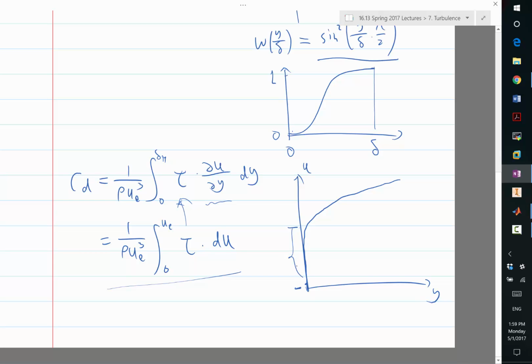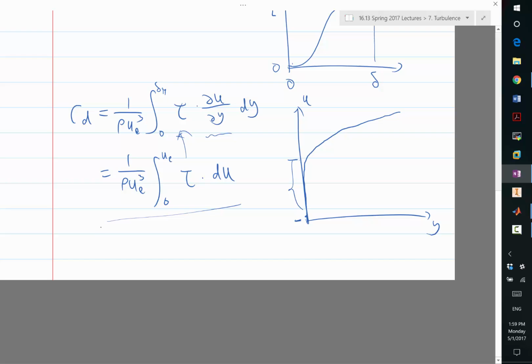It's basically constant. That's why we have a log law in the inner layer: because the tau is constant. So you can write that as a summation of two parts, CD inner and CD outer. The reason we decompose that is because CD inner is very, very easy to compute.